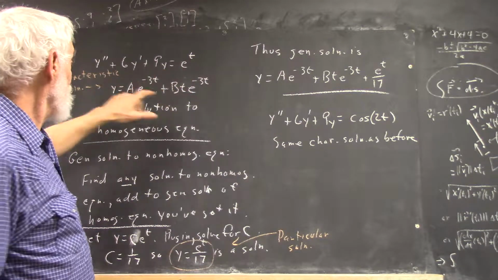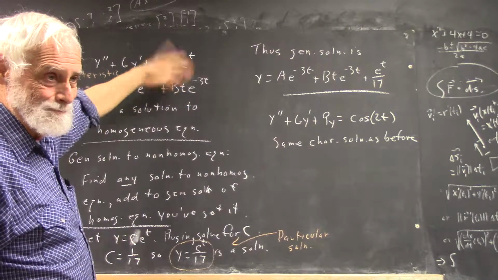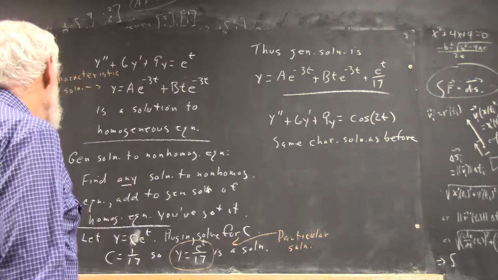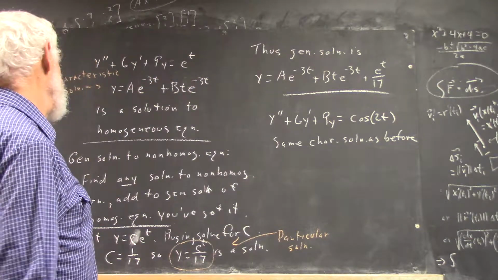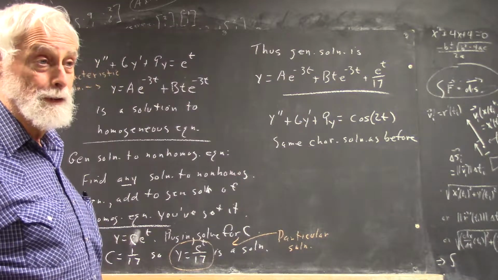A sine or a cosine, well, all the derivatives of sines and cosines are sines and cosines. Can't possibly give you e to the t. You know, there are other things you could try, but the obvious thing to try is an exponential function.